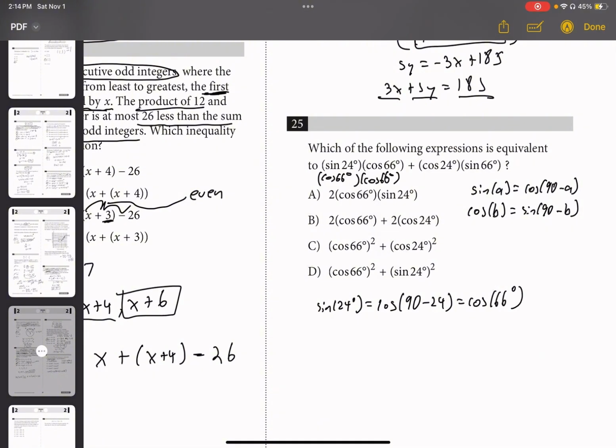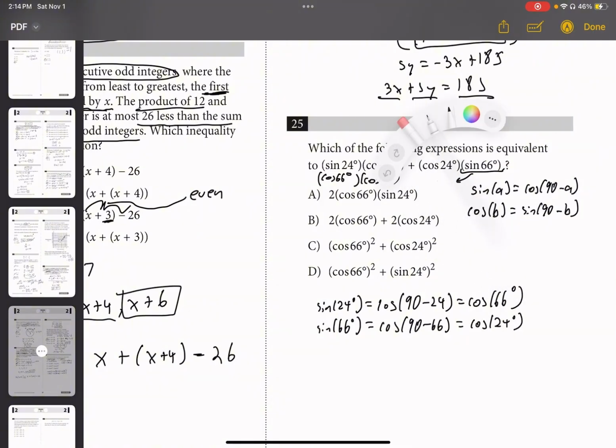And now we're going to do the same for the other side. We know that sine of 66 degrees is equal to cosine of 90 minus 66, which is cosine 24 degrees. So we know that this is going to be cosine of 24.